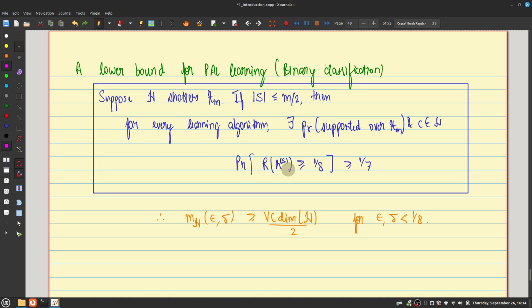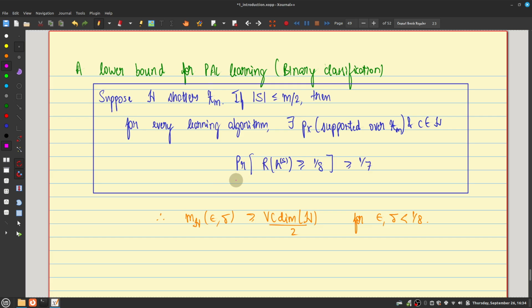So if it is not PAC learnable, then it is also not agnostically PAC learnable. Okay? Because PAC learning is a special case of agnostic PAC learning. This also means that there exists a PXY for which this is greater than or equal to 1 by 8 plus R of whatever R star is, greater than or equal to 1 over 7.